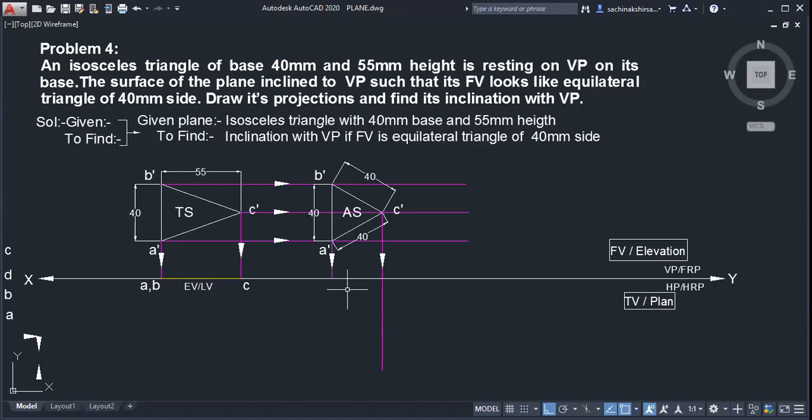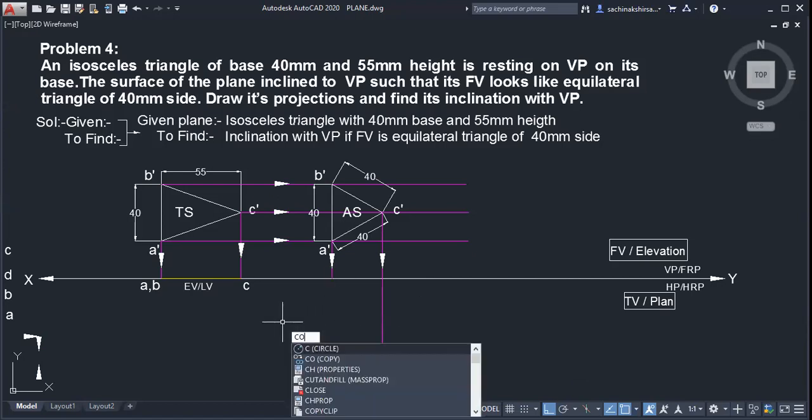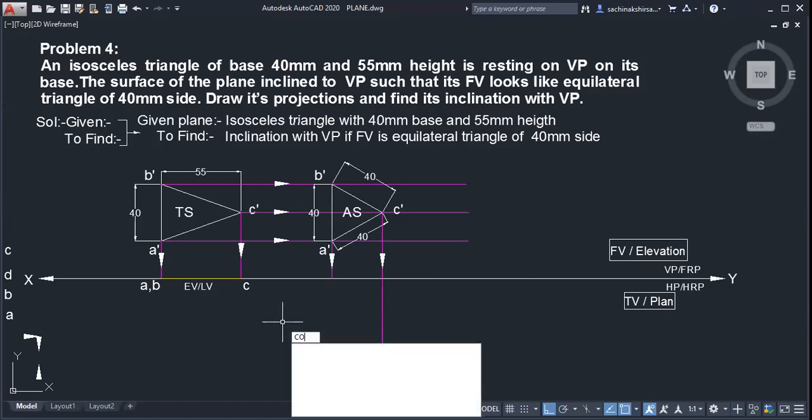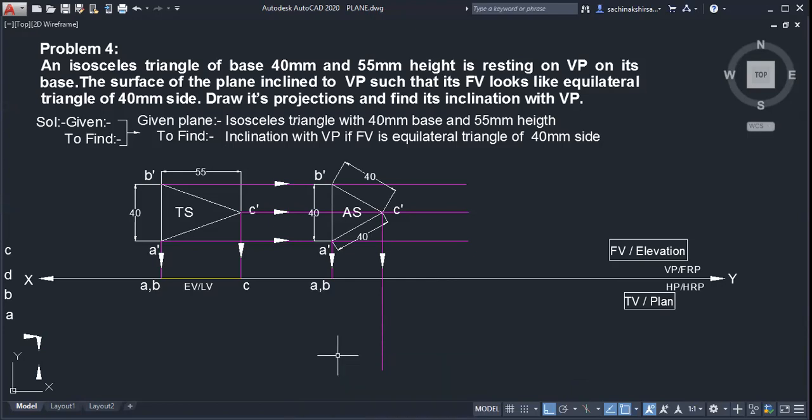In this way, which point will be there on the XY line? Point AB. Yes, sir, point AB. Now our task is only to locate point C on the projector of this C dash. How to locate? Take the distance of line view from AB.